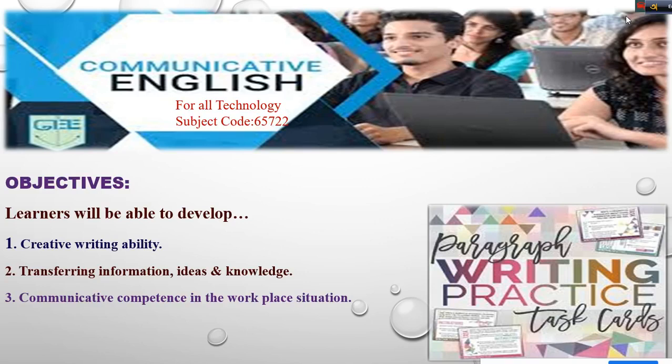After completion of this course, our students will be able to develop their creative writing ability, and they'll be capable of transferring their information, ideas, and knowledge, and ultimately their communicative competence will be developed in the workplace situation or in real life situations.